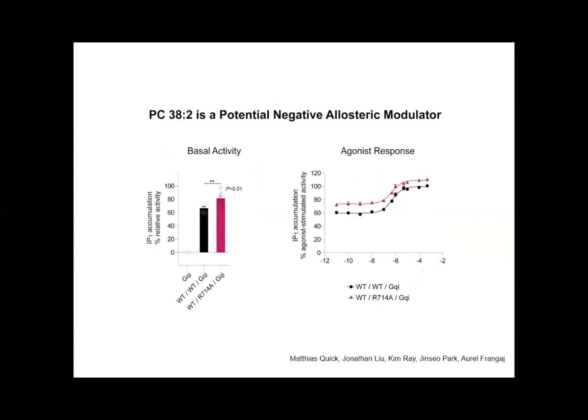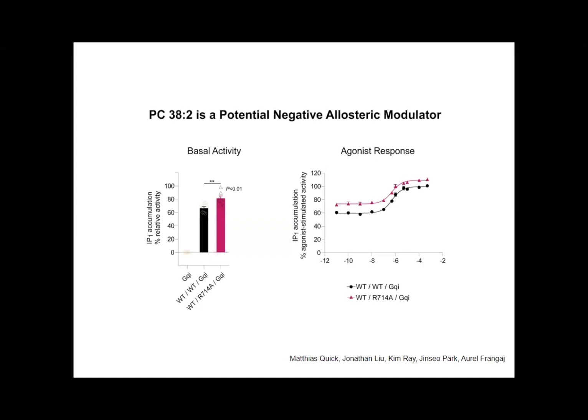We also performed alanine mutagenesis to determine the physiological relevance of the endogenous phospholipids. We mutated residues that form direct hydrogen bonds with the phosphate head group of each lipid. We identified a mutation in the ECL3 loop of GABAB2, R714A, that displayed a small gain of function.